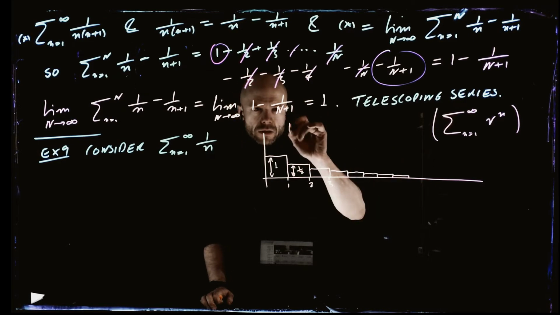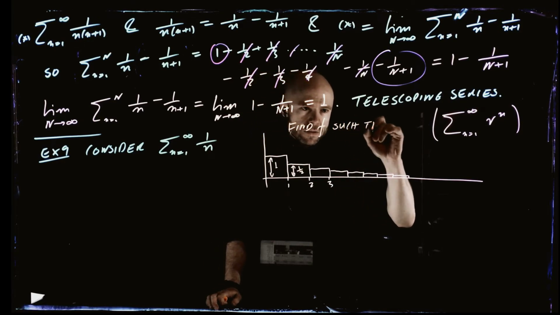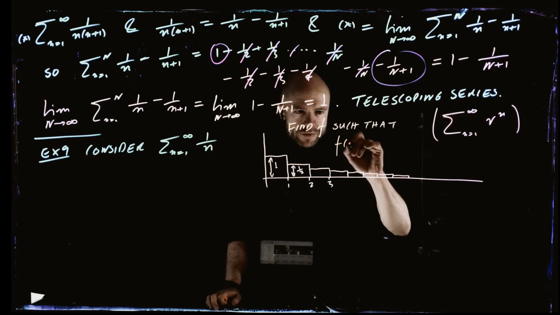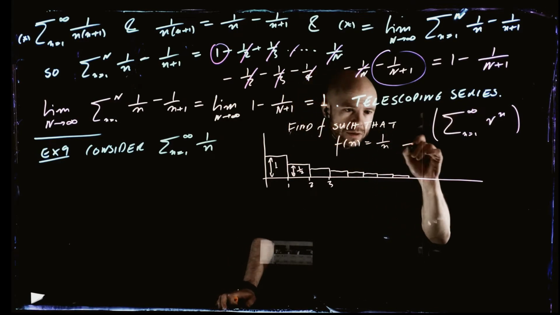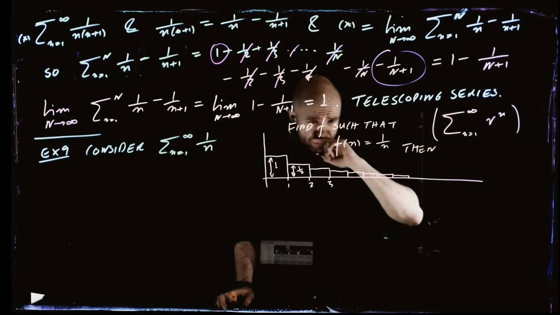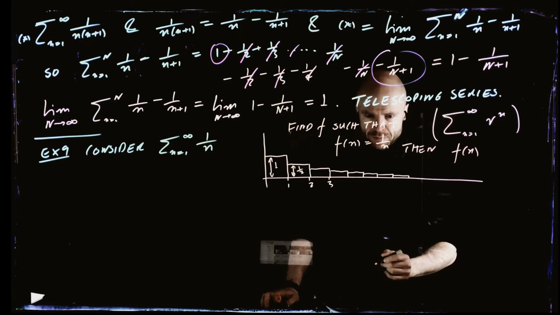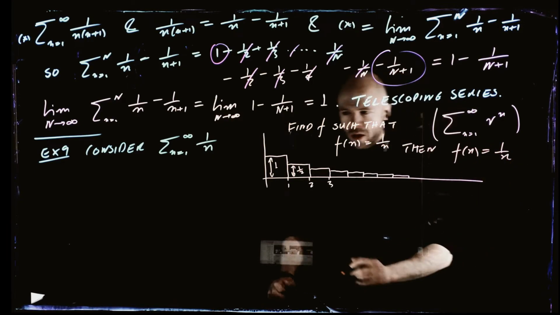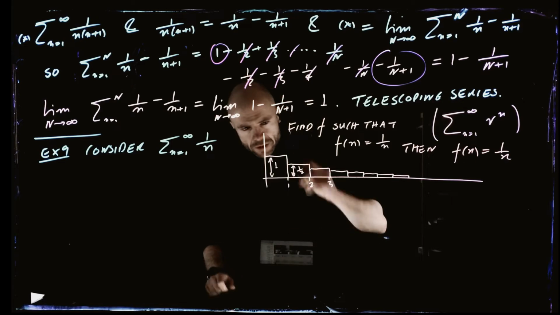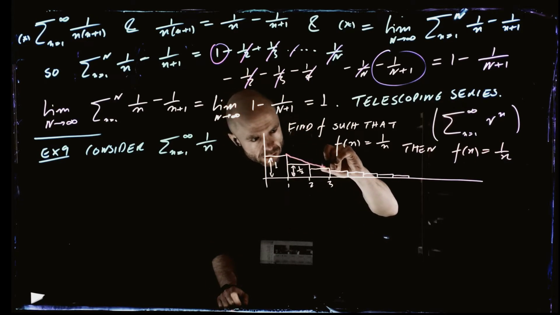So find f such that f of n is equal to 1 over n. What f does that? Yeah, if we have the function 1 over x, then it exactly goes through the corners of all these blocks.